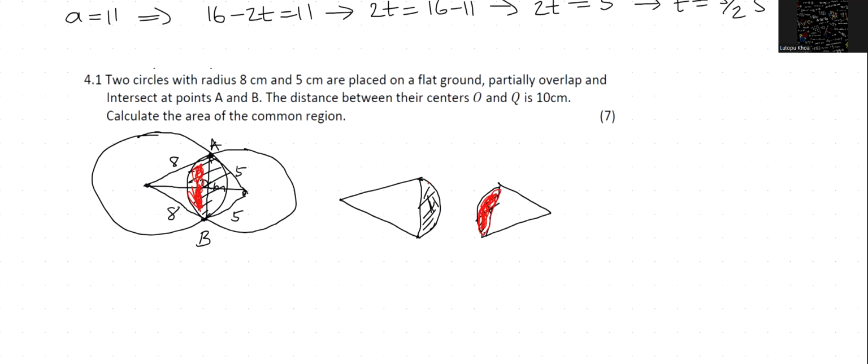So when we add the red and the black together, it gives us the total area that we're looking for. So here we are given, this is 8, this is 8, and this is 5, this is 5, and then the distance between these two is 10.